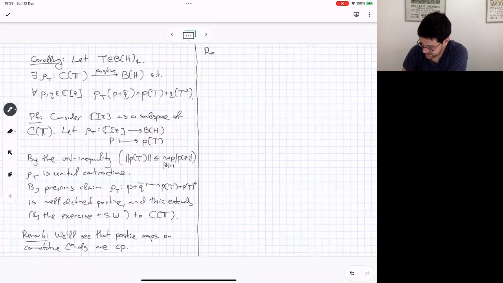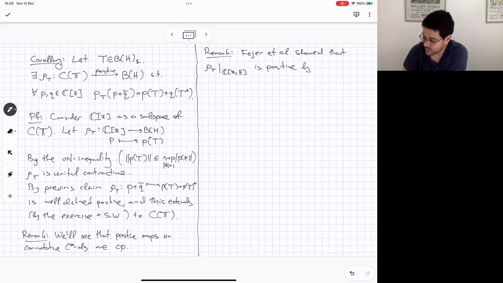Another remark: I think it was Fejér and others who showed and were interested in this rho_T, that rho_T, at least restricted to polynomials in Z and Z bar, is positive by hand. Is it reasonable to call it by hand?